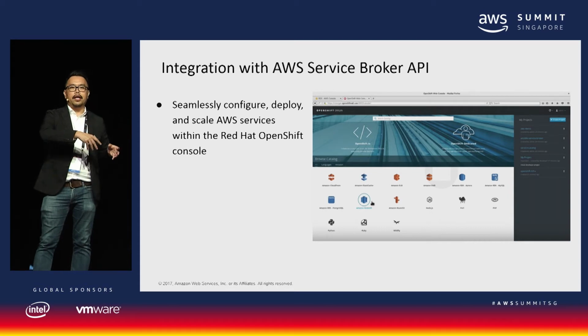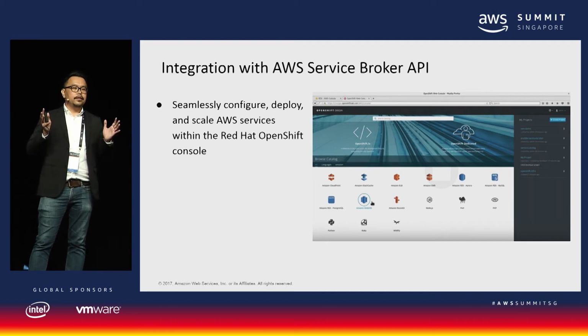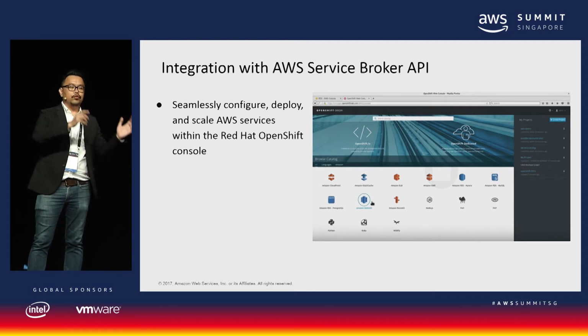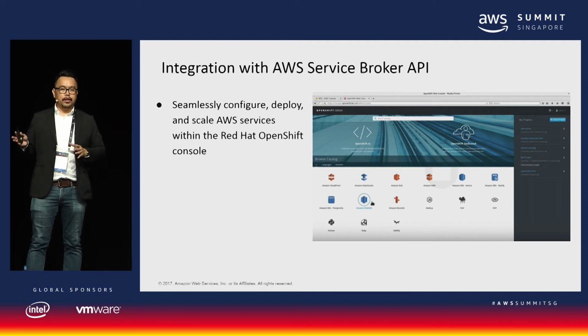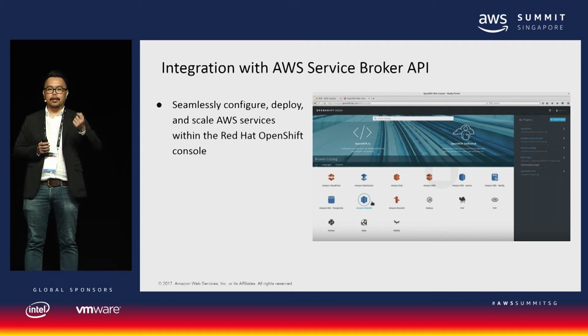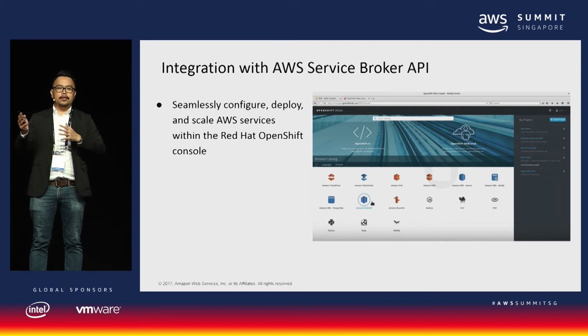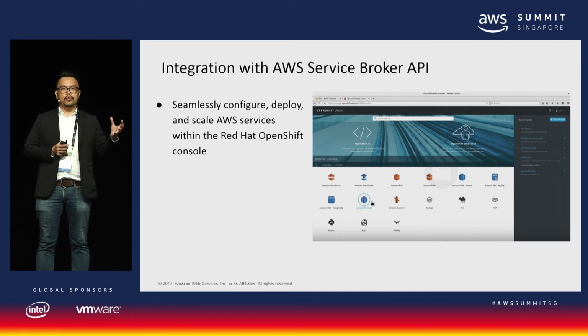When he deploys an application in OpenShift, they are able to integrate with each other seamlessly. So the operator does not need to move between two consoles. Everything is done within the comfort of one console, and you will see the value this brings. Right now, when we talk about cloud, we don't really want to care where my instances are running, so this is one way to achieve that kind of experience.